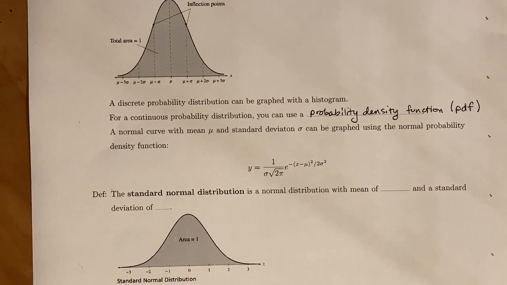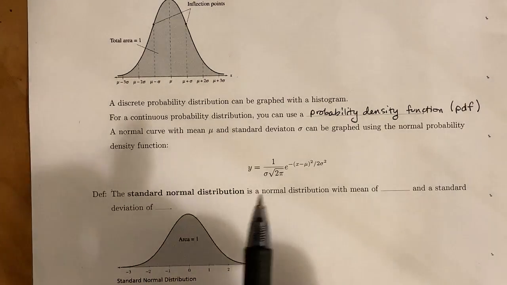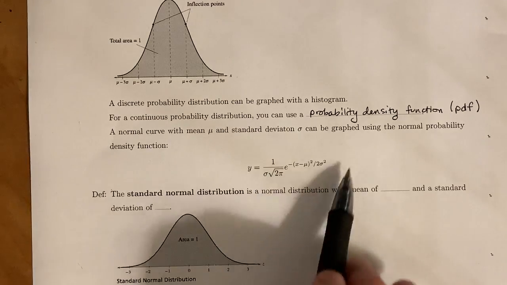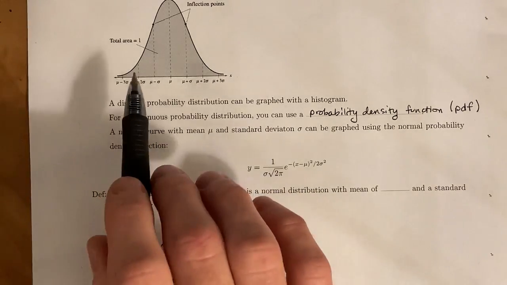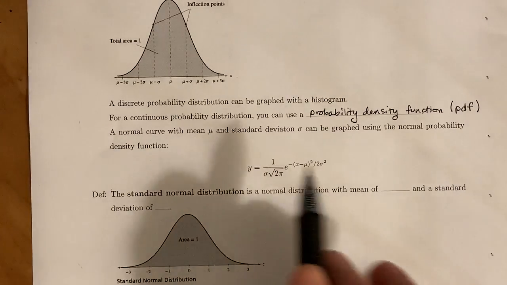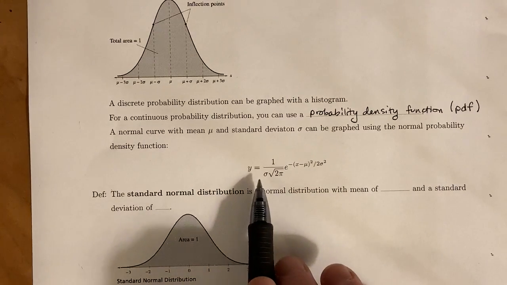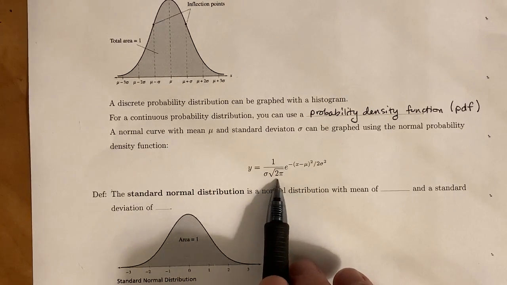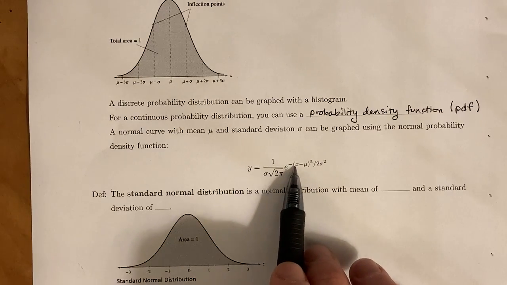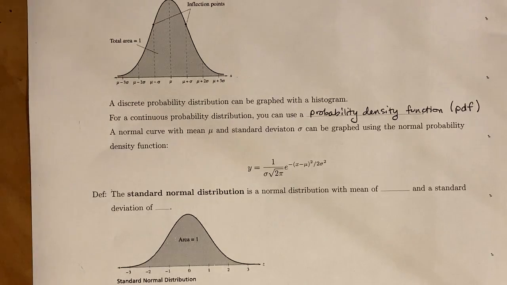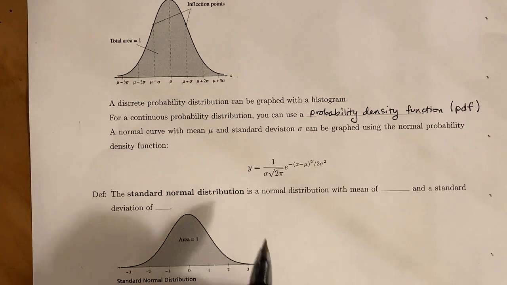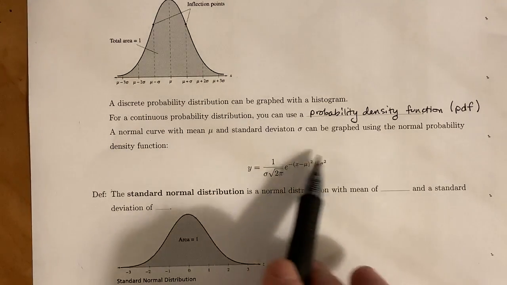Now, for a normal curve with mean mu and standard deviation sigma, if you were to graph this probability density function, you'd end up getting this bell-shaped normal curve. So it's 1 over sigma times the square root of 2 pi, all times e to the negative x minus mu quantity squared over 2 sigma squared. We're never going to use that in this class, but this is hanging out in the background.